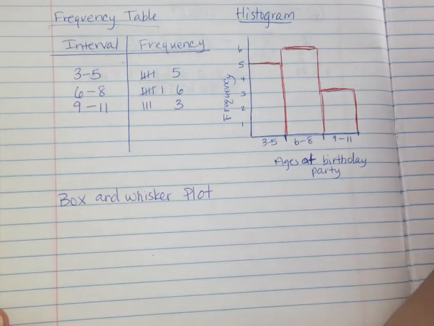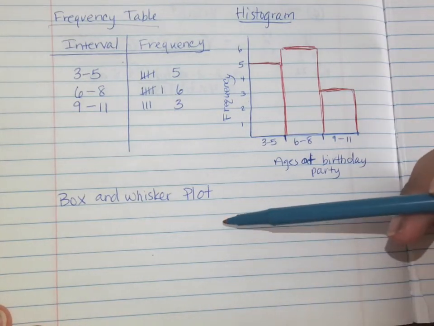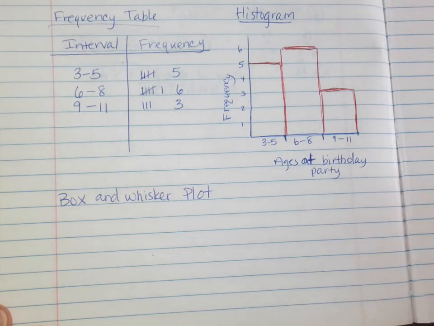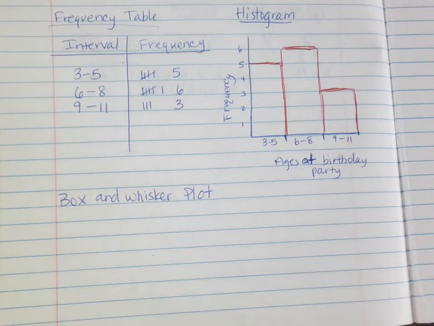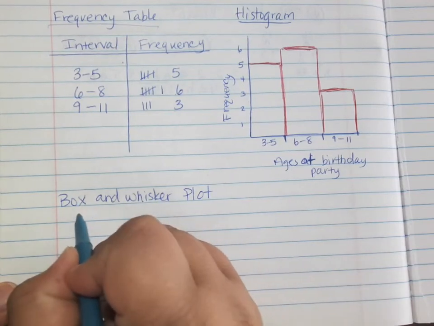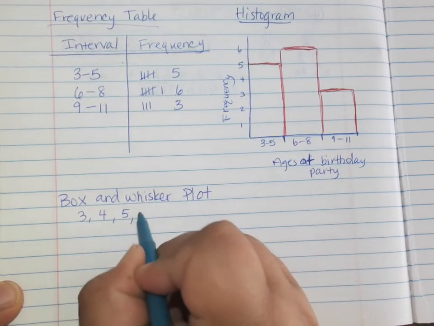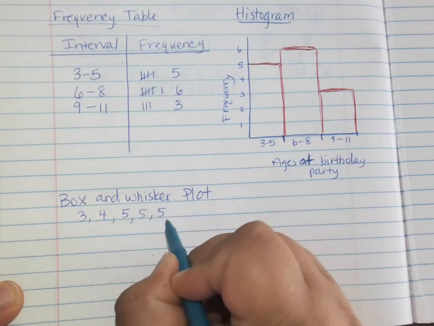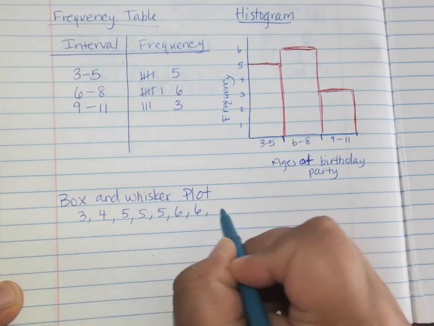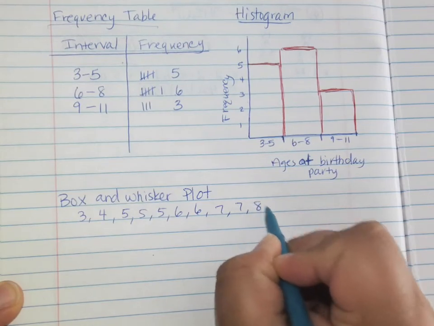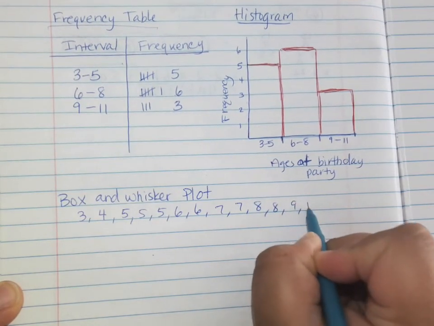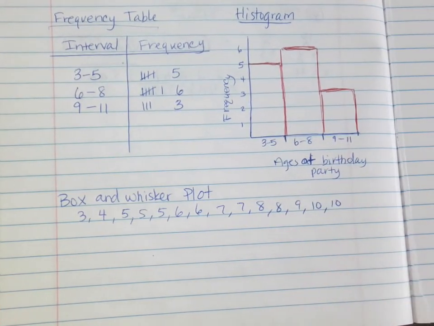So I'm going to renumber, I'm going to put my data here, my numbers, and I'm going to put them in order from least to greatest, because that helps for this. So I have a 3, 4, let's see, 1, 2, 3, 4, 5. Okay, so those are my numbers.